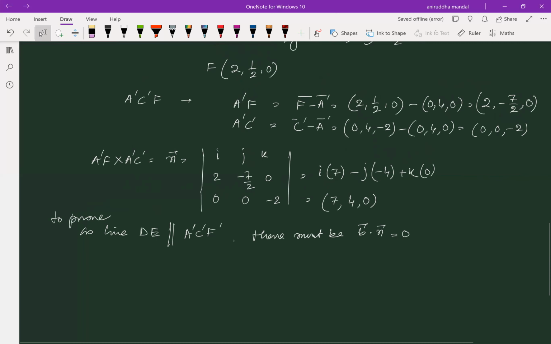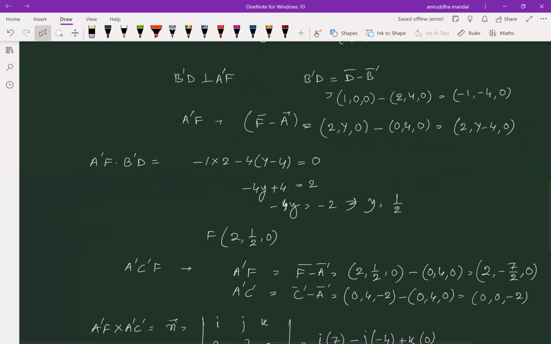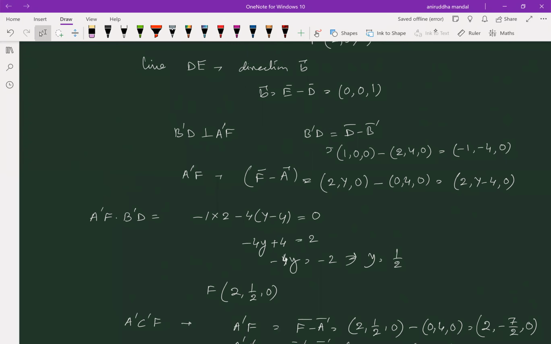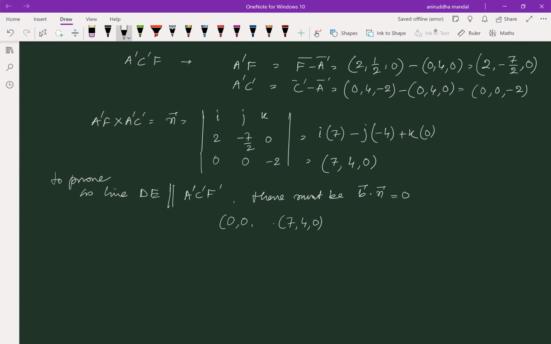So let's see. The normal vector is (7, 4, 0), and the direction vector of line DE is (0, 0, 1). So 0 into 7 plus 0 into 4 plus 1 into 0. So this is 0, which means this is parallel.